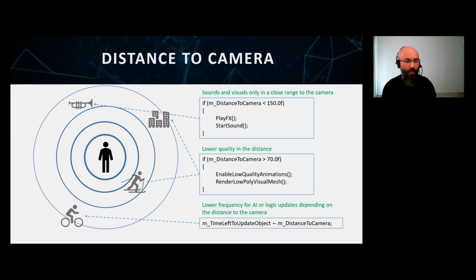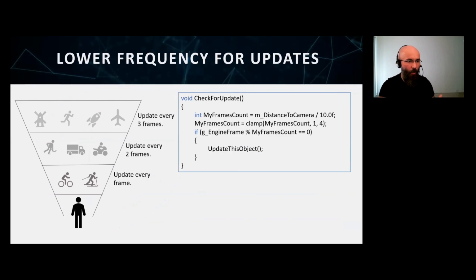And also we can lower the frequency of AI or logic updates depending on the distance to camera. So the farther we are from the camera, the lower the frequency at which we update specific objects. And we can go even further with that. We can define specific classes depending on the distance from the camera.